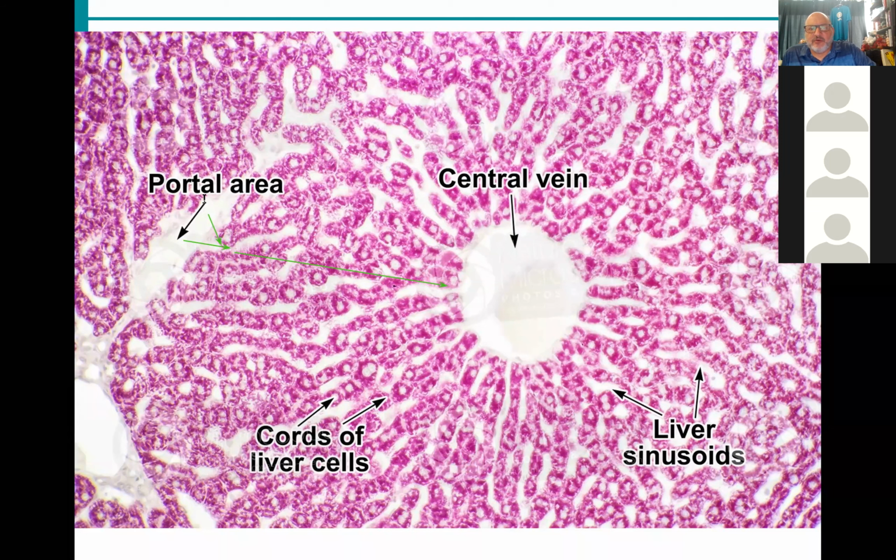So again, you have oxygen-rich blood coming from the artery. You have the nutrients coming from the vein. And again, it's nutrient-rich coming in there, mixed together. The hepatocytes process it. So by the time it reaches the center, it is nutrient appropriate.